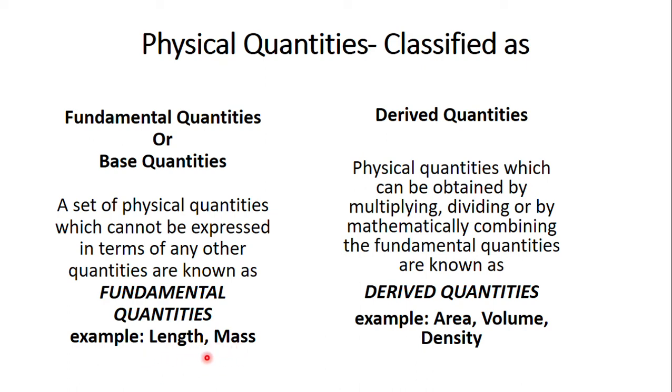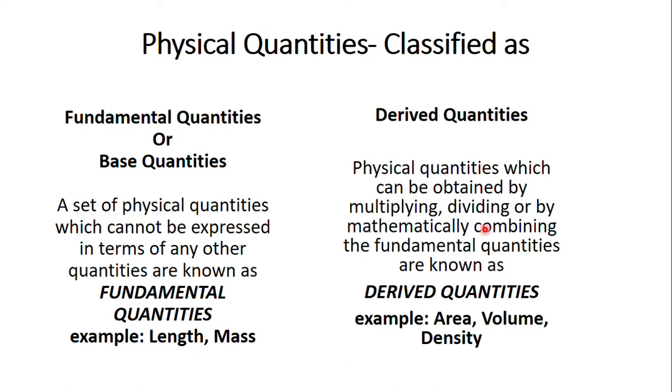You just measure and write with a proper unit. So the quantities which cannot be expressed in terms of any other physical quantities are called fundamental quantities, whereas the derived quantities are derived from the basic or the fundamental quantities. They are obtained by multiplying or dividing these fundamental quantities. So area, volume, density are the derived quantities which are obtained by multiplying or dividing these fundamental quantities. So what are derived quantities?